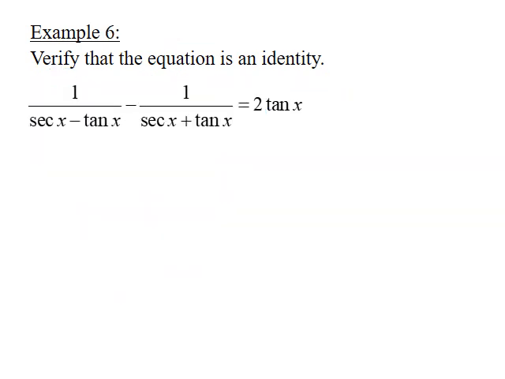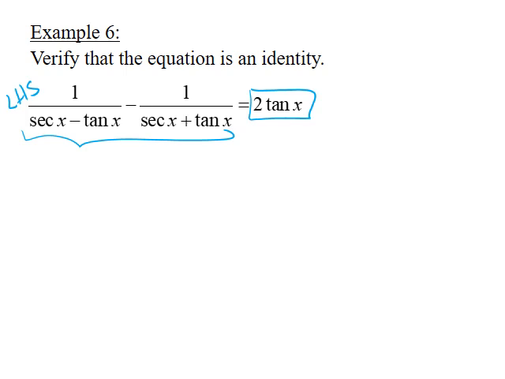Here's another example. Here, I want you to notice that our more complicated side has 2 fractions, but the less complicated side does not have any fractions at all. So we are going to start once again with the left-hand side, and what we're going to try to do is get 1 fraction instead of the 2.